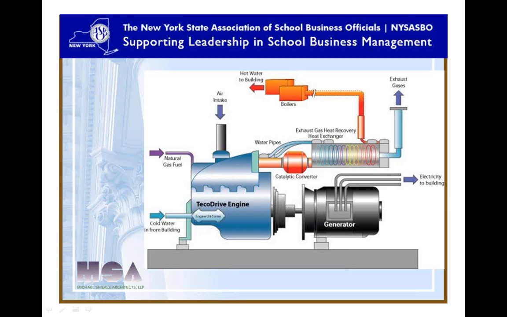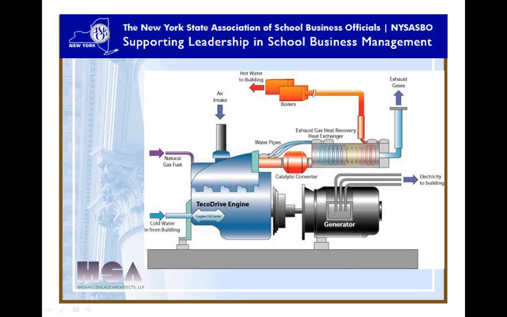And not only will they save energy, as you see, but they'll help reduce your demand load, which down the road is going to be even more critical as more and more districts have to deal with time of use billing. I'm sure some of you have that already. And the smart grids that are coming down the line.